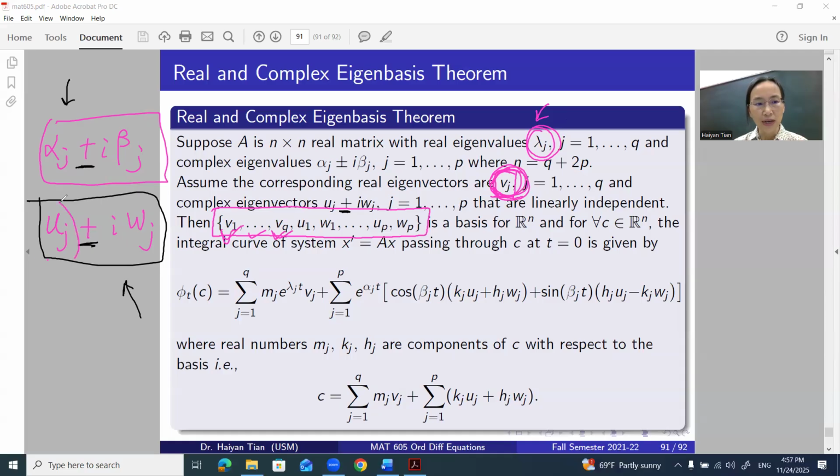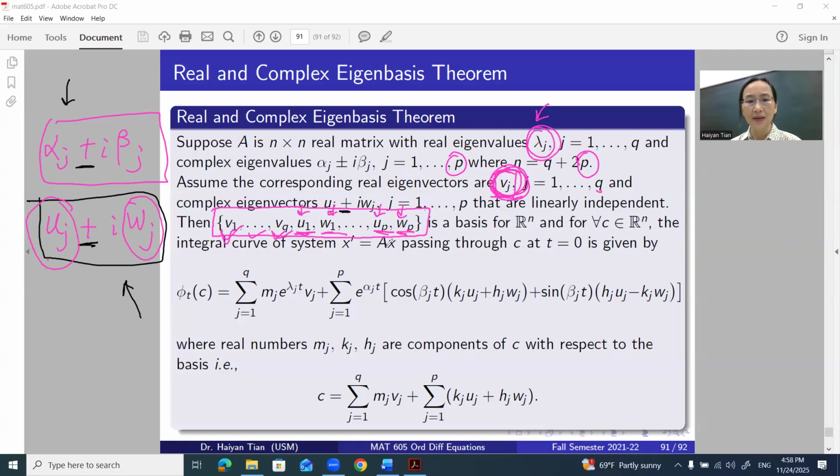And then from each pair, we can extract uj and wj. For j is 1, that's u1, w1. For j is 2, u2, w2. And for j is p, up, wp. So we have p pairs of real valued vectors, and they are all independent.